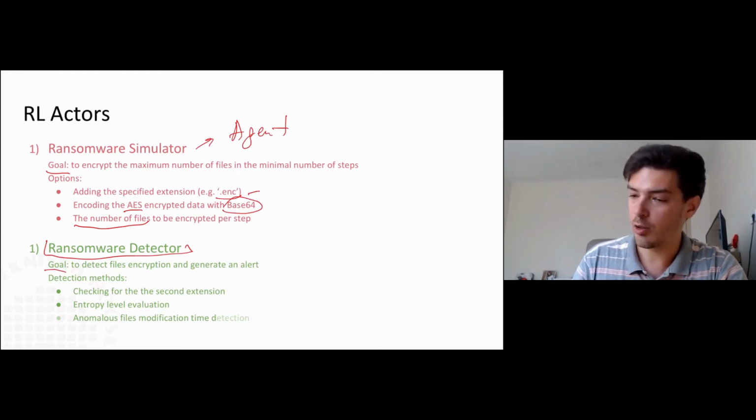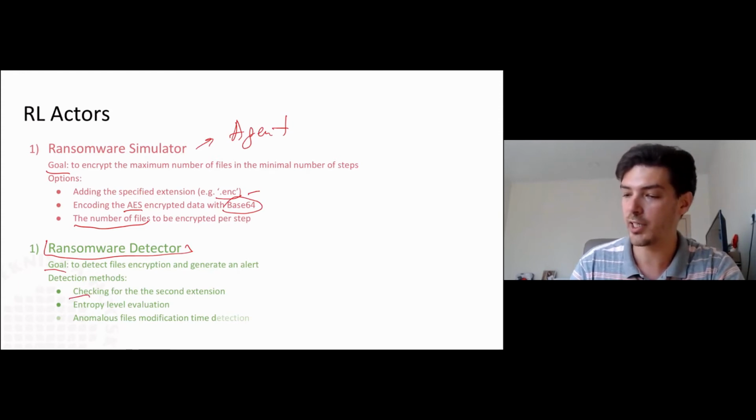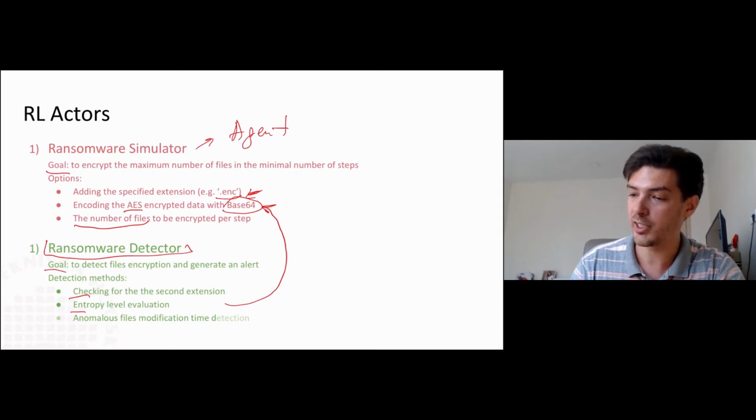Our ransomware detector has three methods to detect ransomware activity. The first one is checking for a second extension. This is what we have in the first option for the agent. The second is entropy level evaluation. It is also connected to base64 encoding.